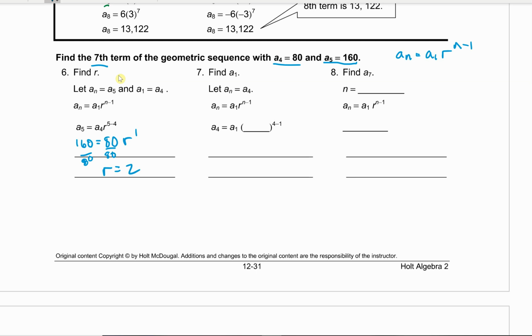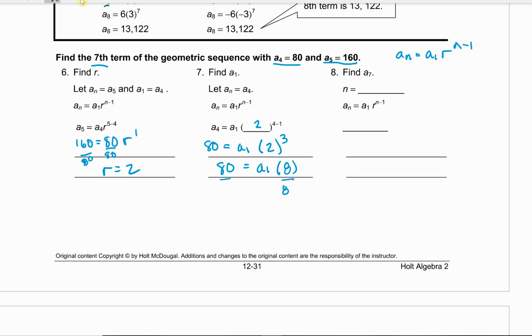So then we're going to find A1. I'm going to use A4 and say A1 times 2 to the 4 minus 1. Well, I know A4. A4 is 80 equals A1 times 2 to the 3rd power. 80 is A1 times 8.